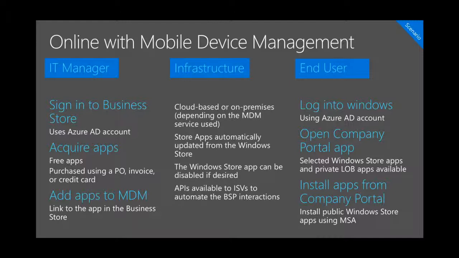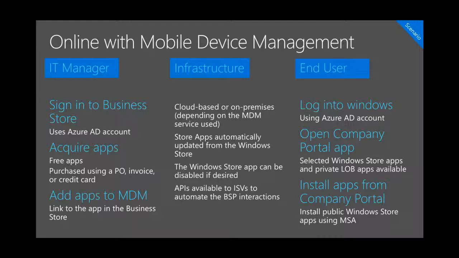So from an infrastructure perspective, it's cloud-based in the sense that you need to go in the store, purchase the apps, and download them or add them to your MDM system. But the MDM system can be fully on-premises only, right? There are offers out there for on-premises MDM systems. Once an app is installed, and you downloaded it, or you have provisioned it using an MDM system, it will also automatically update from the Windows Store.